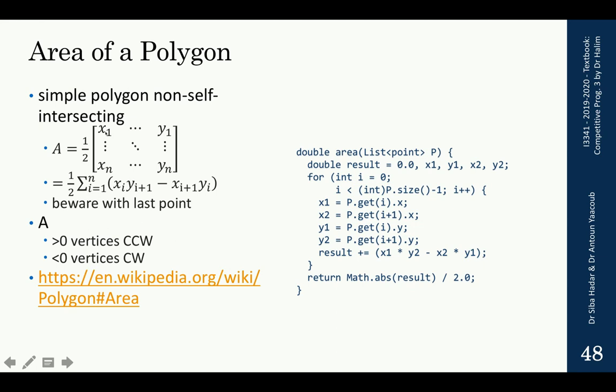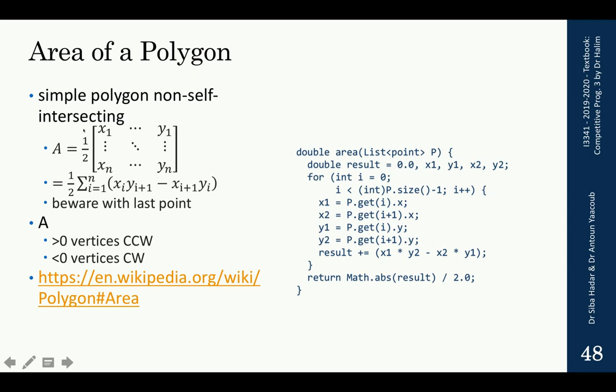You put the matrix, 2 columns, with the abscissa and ordinate of each point consecutively until point number n, and the area is the sum of the cross products x_i y_(i+1) minus x_(i+1) y_i. You keep crossing the matrix, and this area is sometimes positive and sometimes negative, depending on whether the 3 points are in counterclockwise or in clockwise order.